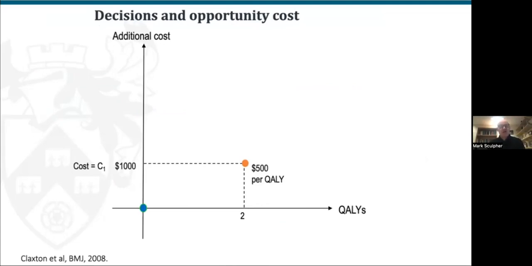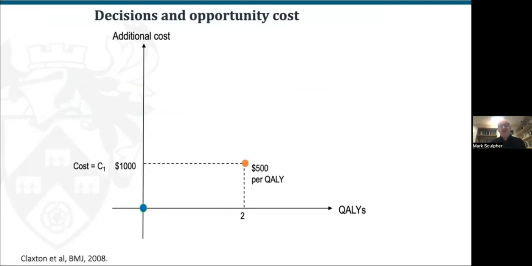And this diagram, I hope, illustrates what we mean by opportunity cost more fully. If we have a new treatment that costs $1,000 more than existing treatment, so that's an incremental cost, an additional cost. The old treatment is at the origin, so the new treatment has an additional cost of 1,000, but it generates 2 quality adjusted life years.